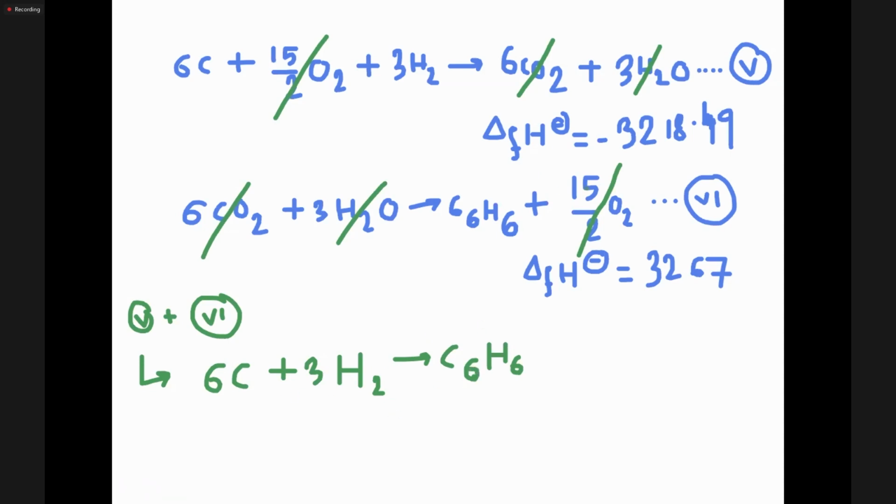So likewise, we have the delta fH minus of this and this one. We have to simply add them. If we add them, that is minus 3218.49 plus 3267, we ultimately get the value 48.51 kilojoule per mole.